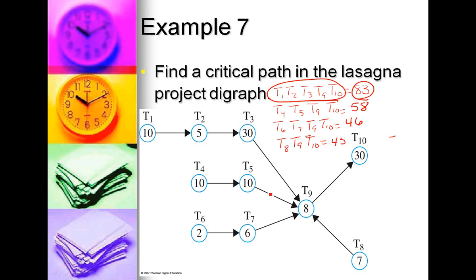And then T4, T5 get there. Still waiting on that T1 path. And no one can move until T1, T2, T3 get there. So that's why we're having to wait on that slowpoke path, is what I call it. So the critical path is your slowpoke path, which causes the delay in the project. So that's your earliest completion time because you have to wait on everything to be completed.